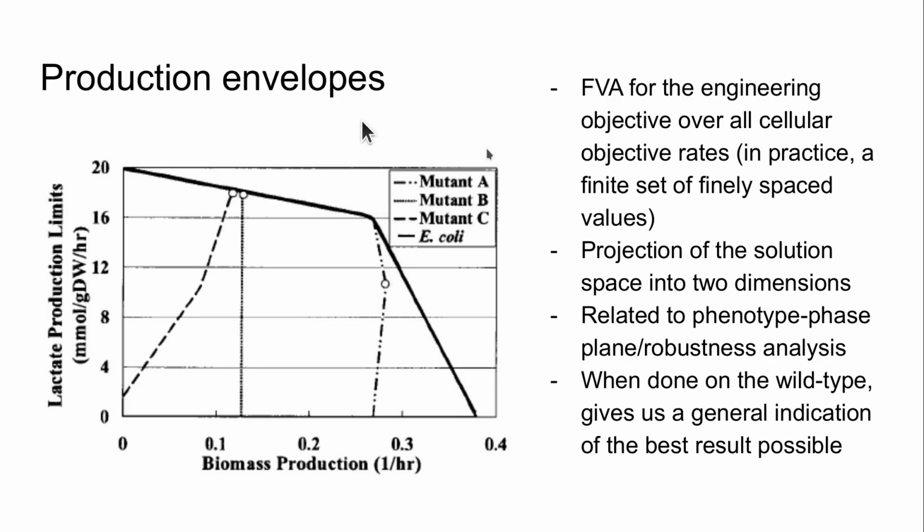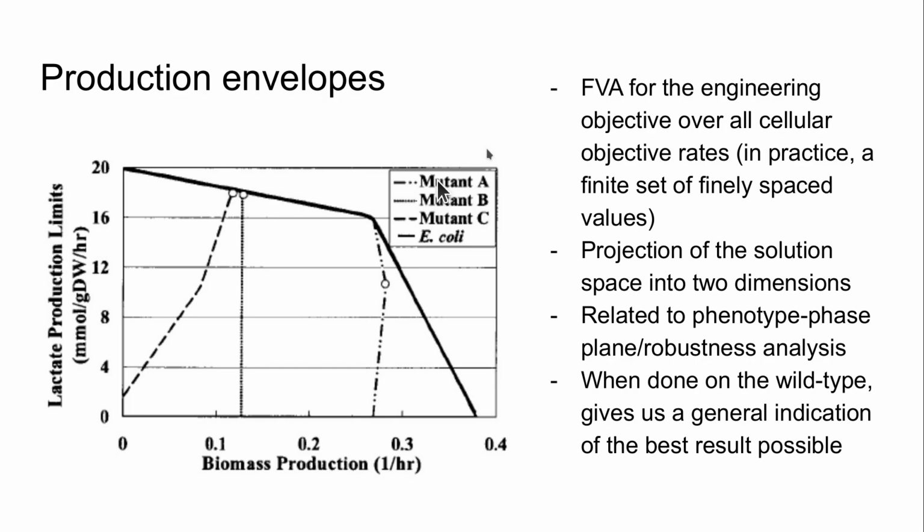A cell that grows at 97% of the optimum can still be considered quite competitive, and that would give us a bit of a problem here. Sure, if we just did FVA on the optimum, we would find ensured production. But if we slacken our FVA constraint a little bit, then suddenly we are no longer guaranteed to have production of the engineering objective.